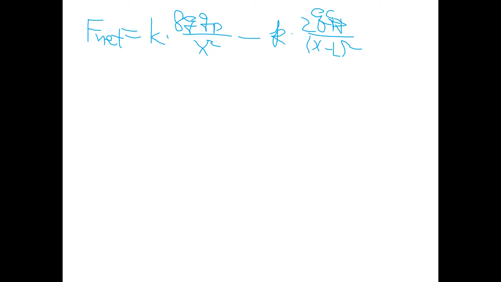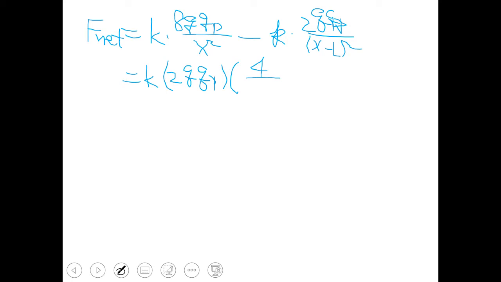Now we just subtract them, and then it is actually the magnitude of the net force acting on that charge. Now you can just factor it out. You have 2Q QP, and then you will have 4 over x squared minus 1 over x minus L squared. Okay, should be simple. I just factor the common factor out.